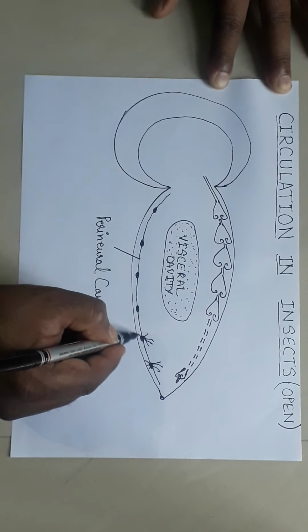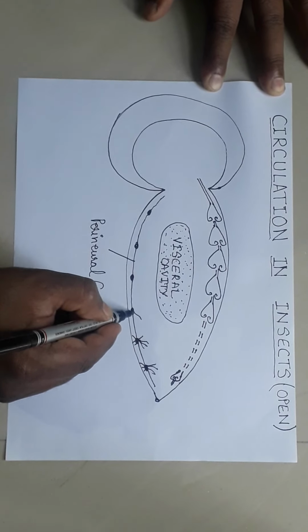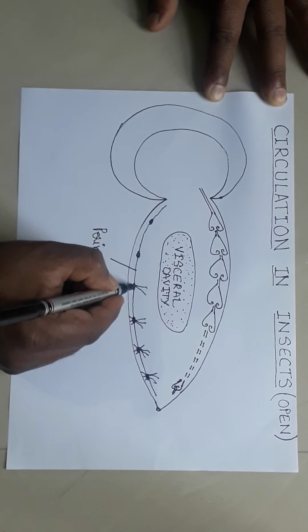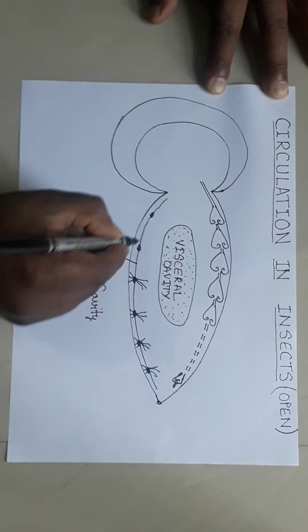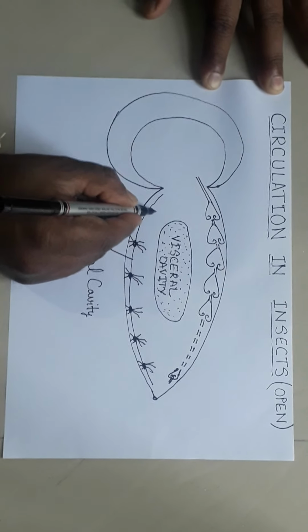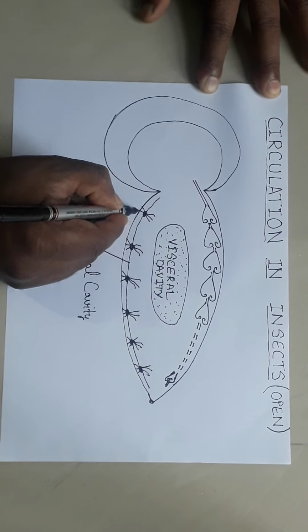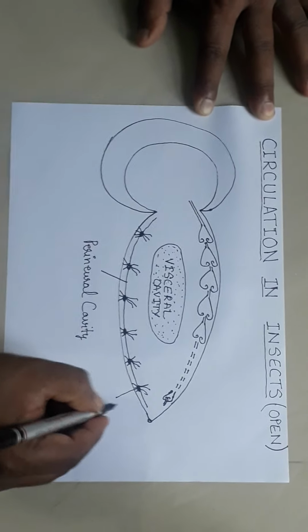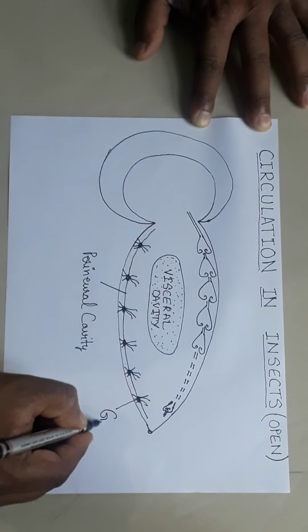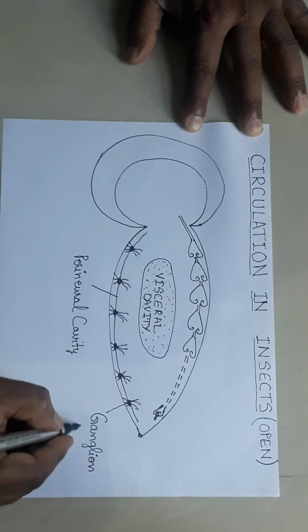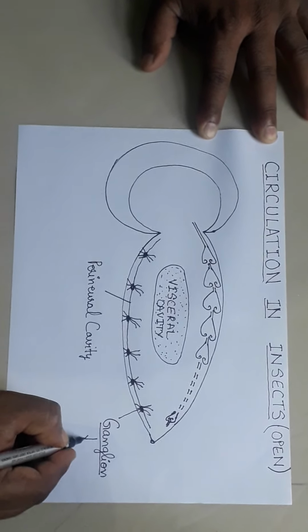These are the dendrites, and these black spots are known as ganglions. So this black spot is known as a ganglion. It is equivalent to boosters.